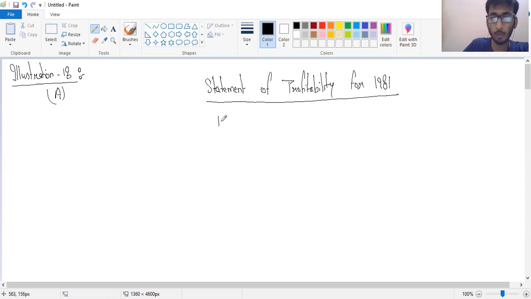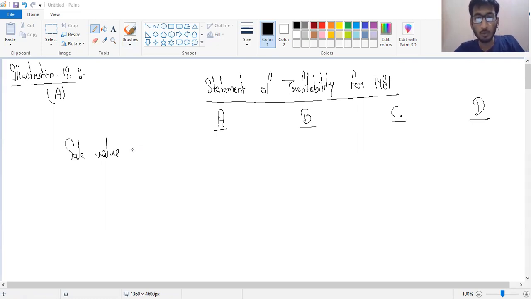There are four products A, B, C, and D. What is given about the sale value? We are given that the total sale value is 80 lakh and the ratio is given to us, so we can calculate the sale value of each product.